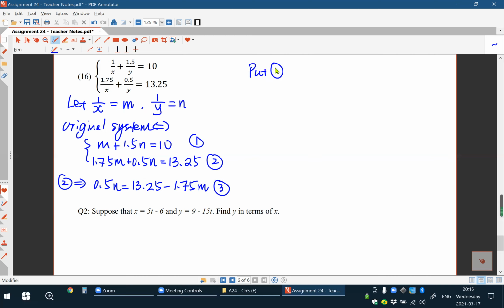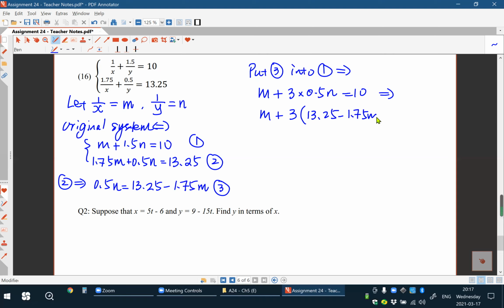Next, we can put 3 into equation 1, and this will give you m plus 1.5n, which means 3 times 0.5n, equals 10. So that means m plus 3 times (13.25 minus 1.75m) equals 10, right?